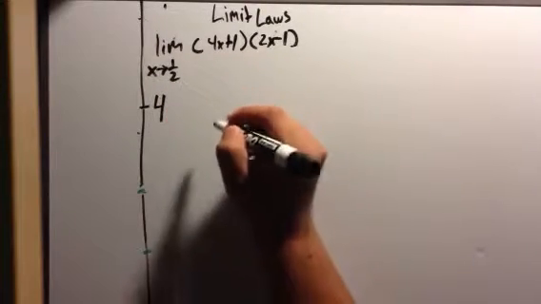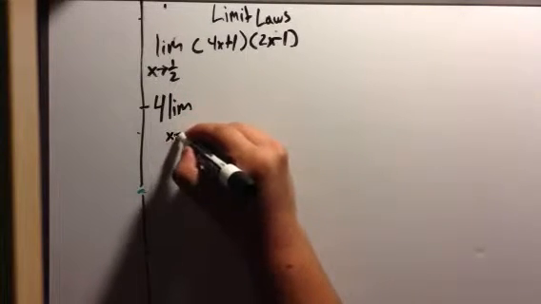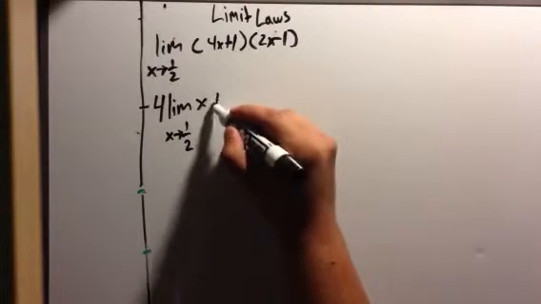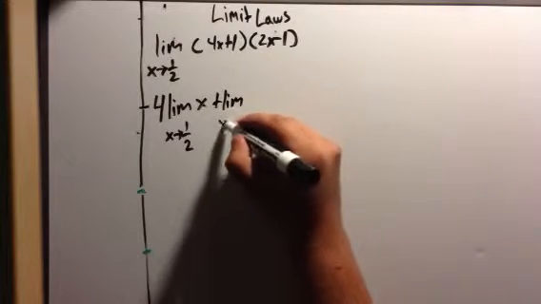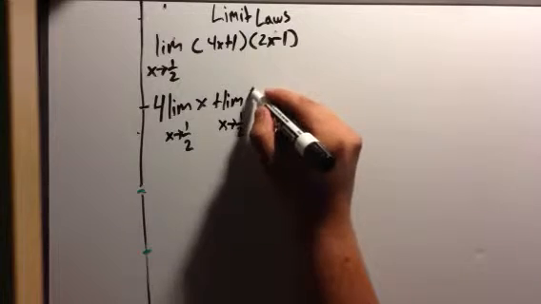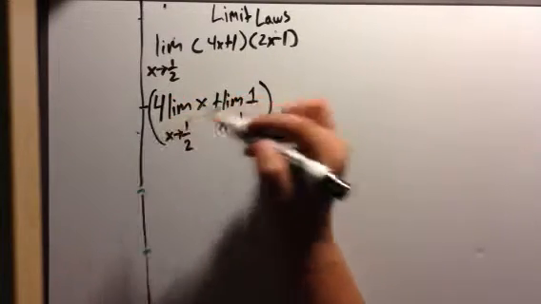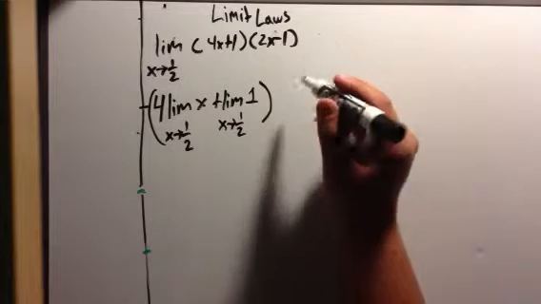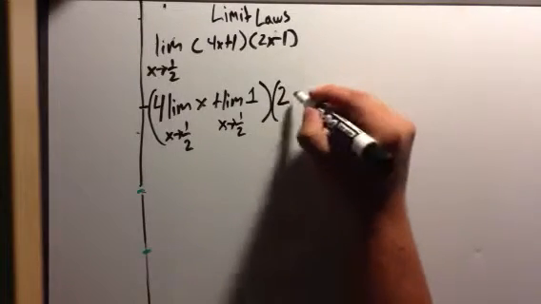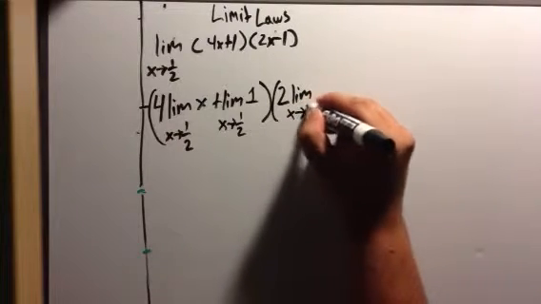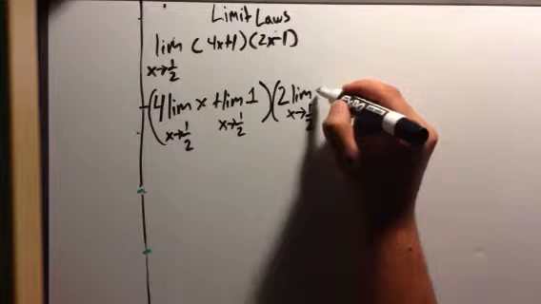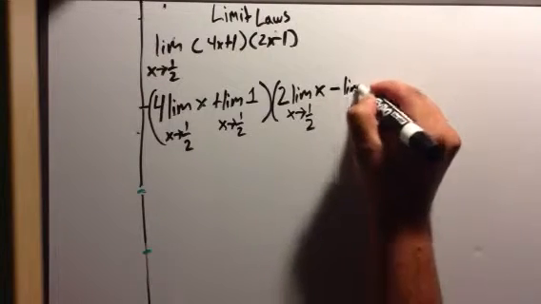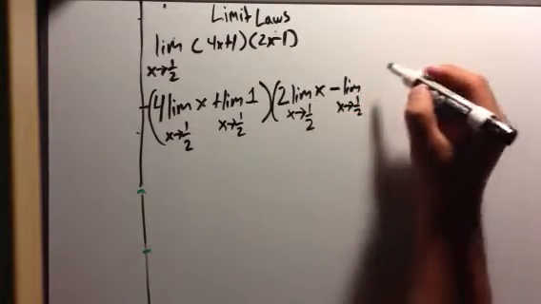So we're going to do 4 times the limit as x goes to 1/2 of x plus the limit as x goes to 1/2 of 1, all of this multiplied by 2 times the limit as x goes to 1/2 of x minus the limit as x goes to 1/2 of 1.